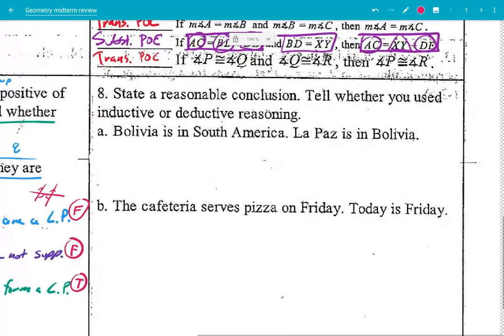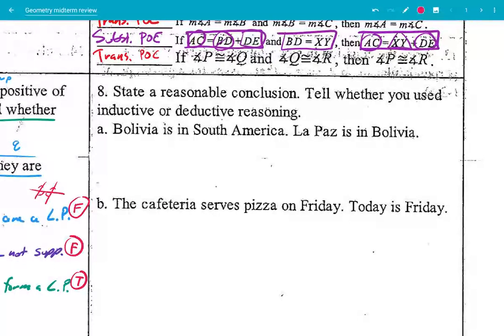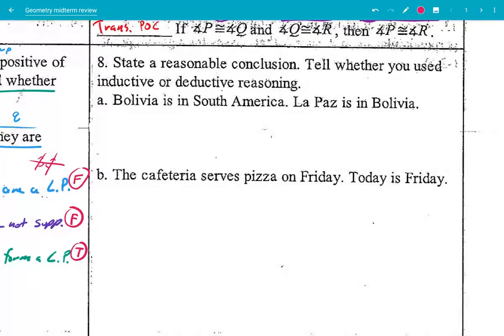All right, state a reasonable conclusion. Tell whether you used inductive or deductive reasoning. I hate this question. Bolivia is in South America. La Paz is in Bolivia. Inductive reasoning goes from specific to general. Deductive reasoning goes from general to specific.